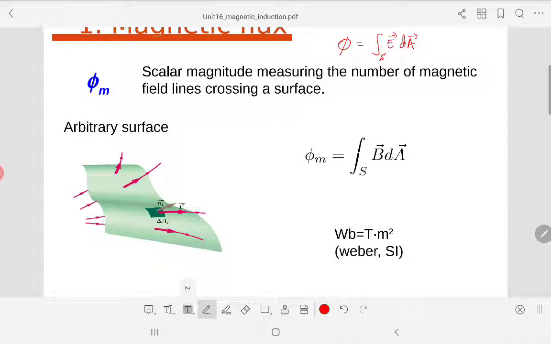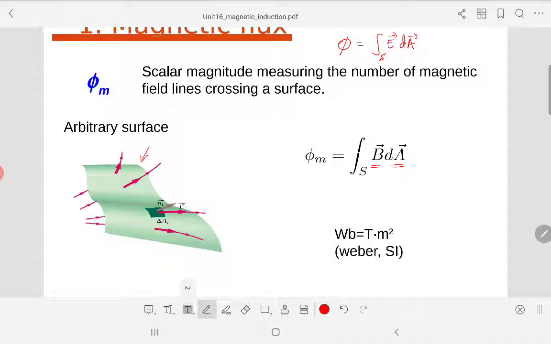So if we have an arbitrary surface like the green one, we just have to integrate, in each little piece of surface, the scalar product between the magnetic field and the differential vector that contains the small area of that small part.